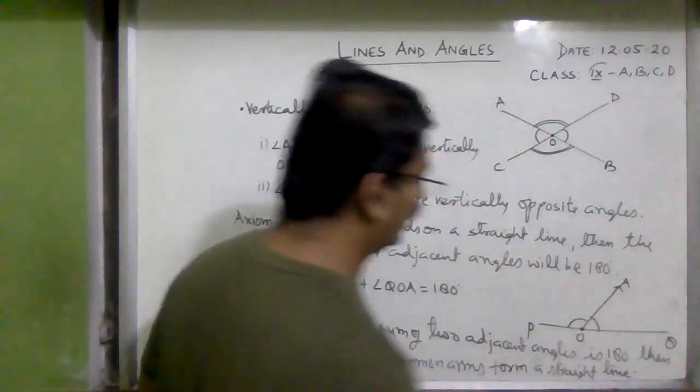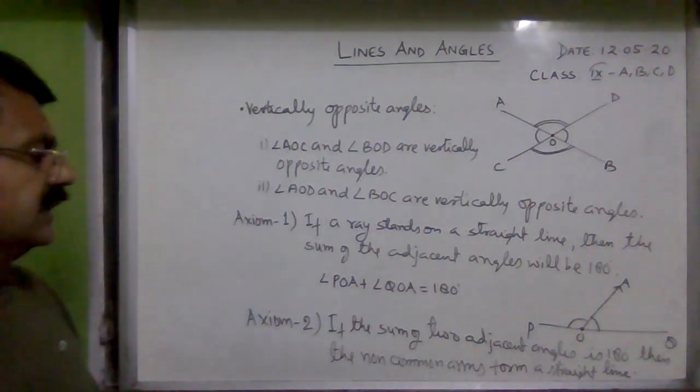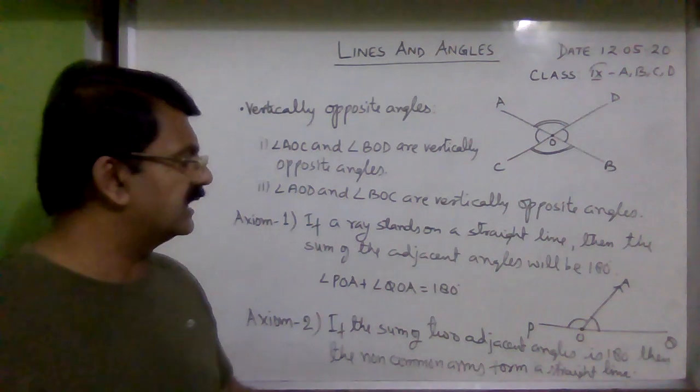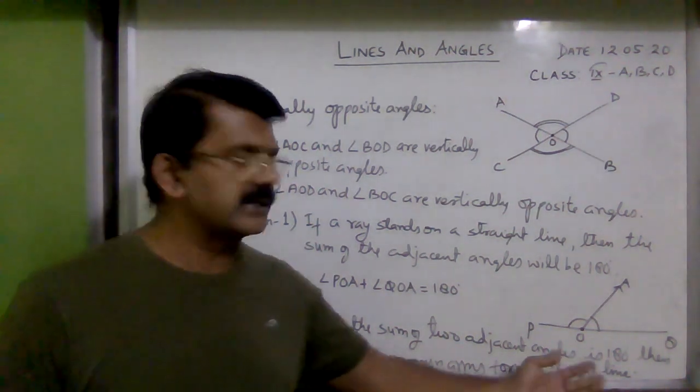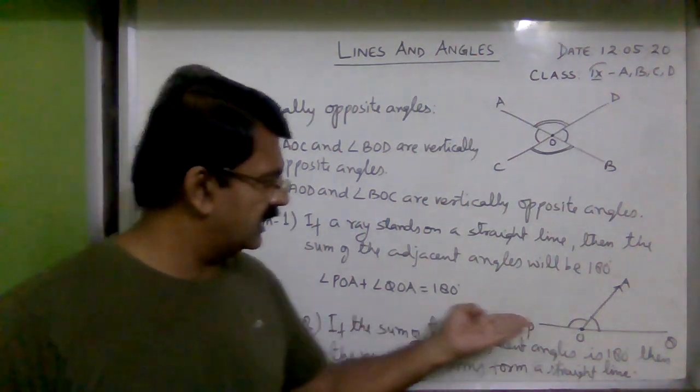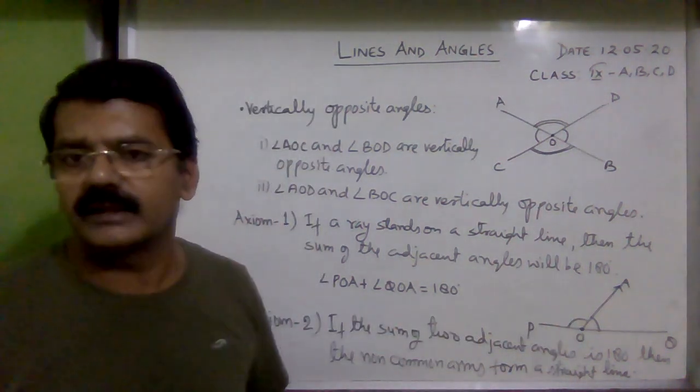I think I have already told you about this: if the sum of two adjacent angles is 180 degrees, then the non-common arms form a straight line. It is the converse of axiom 1.